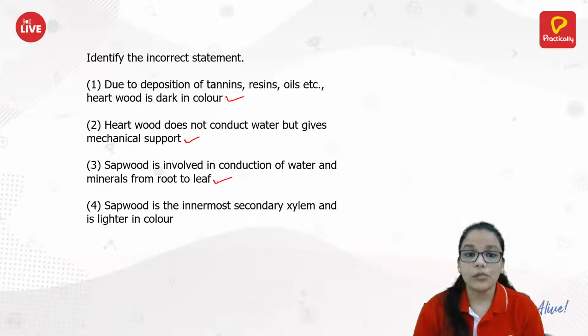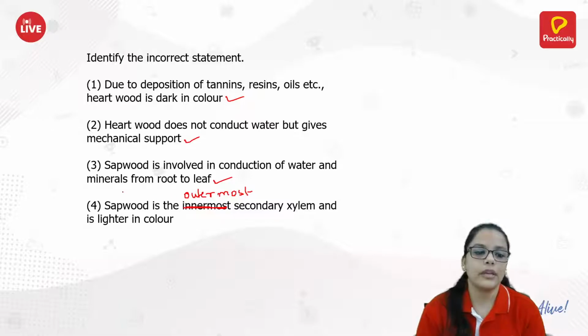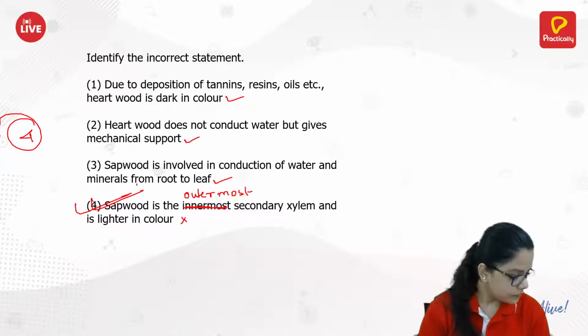Sapwood is the innermost secondary xylem and lighter in color. This is wrong. It is outermost, okay, outermost secondary xylem and is lighter in color. Okay, so this is the answer. This 4. Okay.